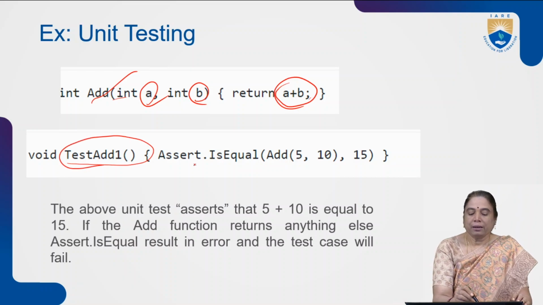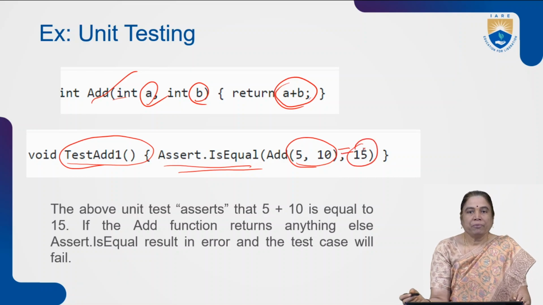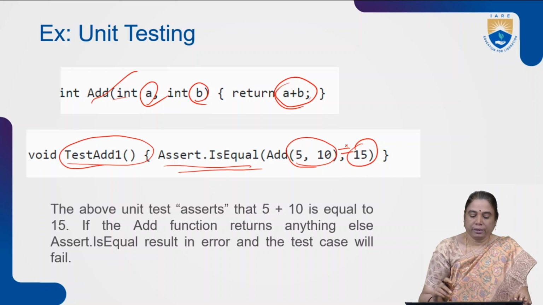Assert dot is equal is used to compare the value of the addition of two variables, 5 and 10, whether the sum is equal to 15 or not. If it is 15, the test is passed, both are equal, and if both are not equal, the test can fail.